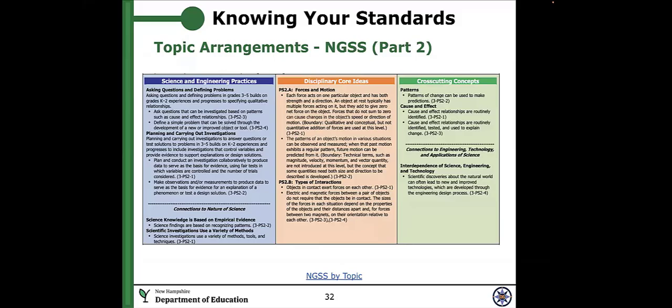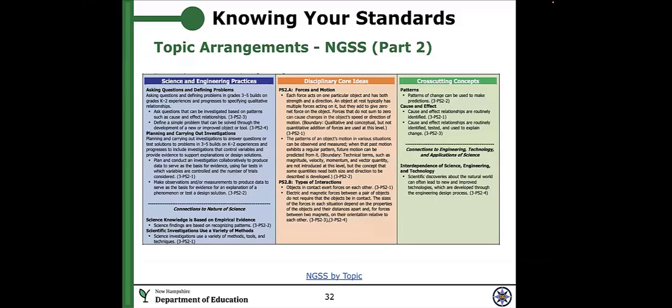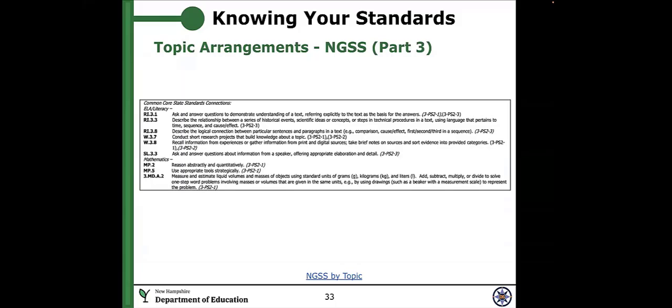And we'll look more closely at that in a bit. So we have our science and engineering practices, disciplinary core ideas, and cross-cutting concepts. And those three categories weave together throughout all of the domains and the core ideas.